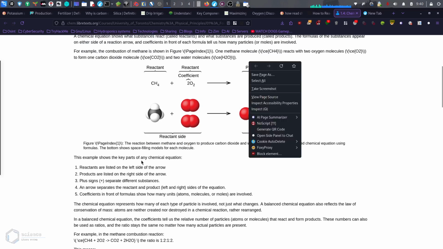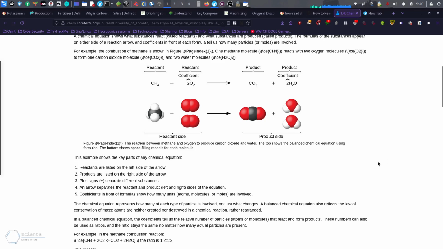This example shows the key parts of any chemical equation. First, reactants are listed on the left side of the arrow. Reactants, left side. Products are listed on the right side of the arrow.